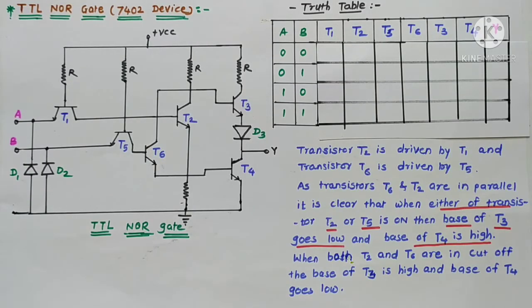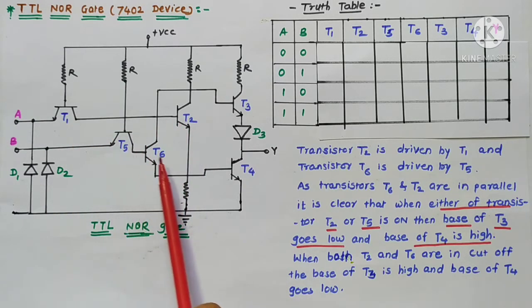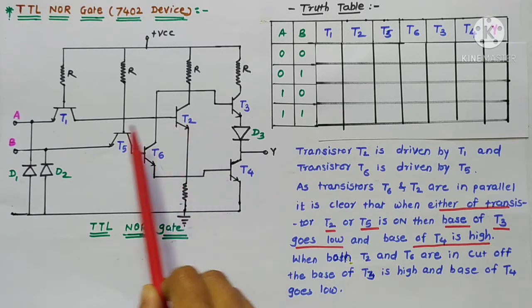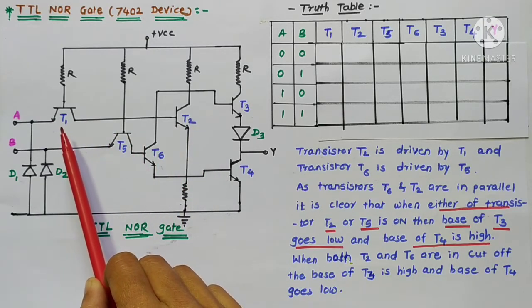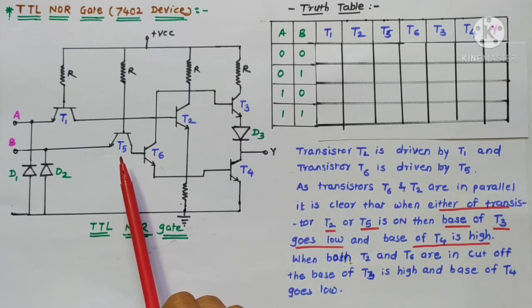Now let us see the working of this TTL NOR gate. Here transistors T5 and T6 are added. If you observe carefully, transistor T2 is driven by transistor T1 and T6 is driven by transistor T5. Okay, students?